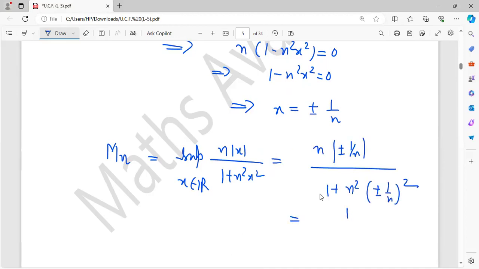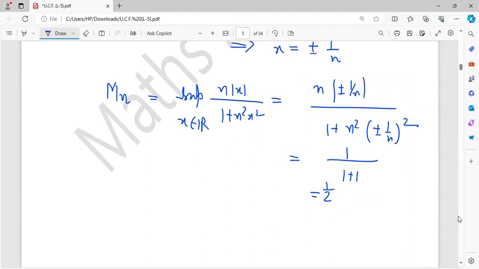This is 1 over 1 plus 1, that is 2. Sorry, 1 upon 2. So Mn is actually 1 by 2 for all n belonging to N.